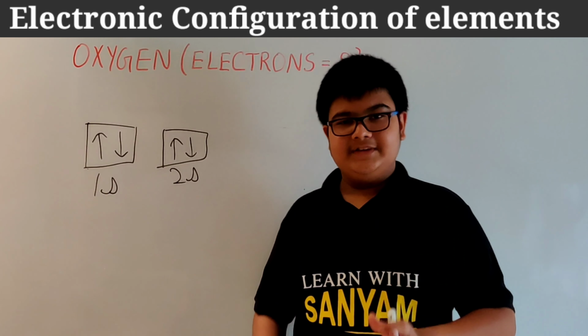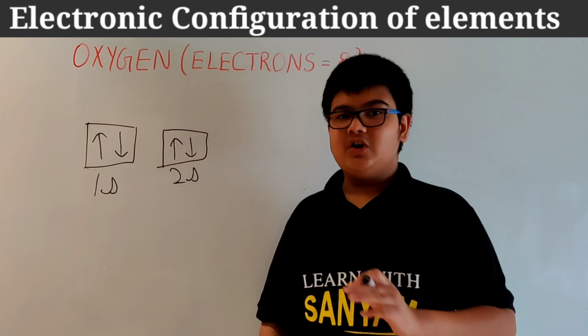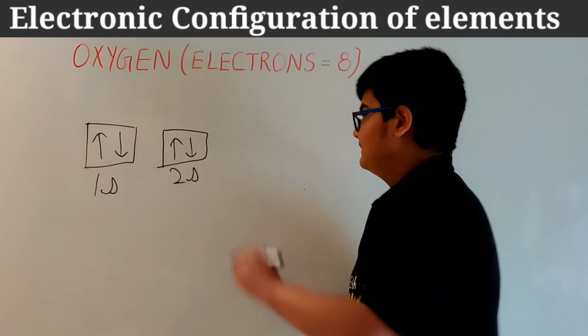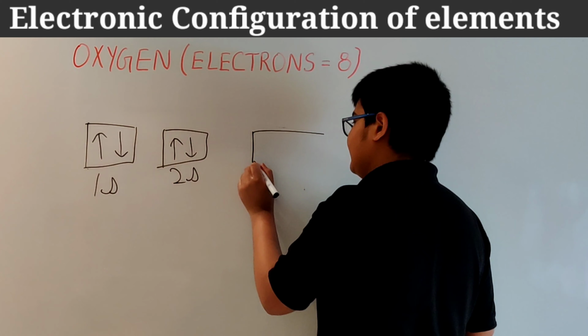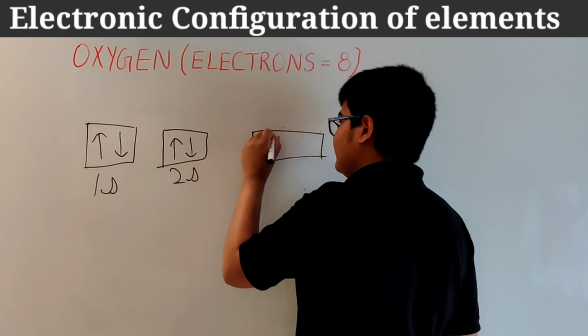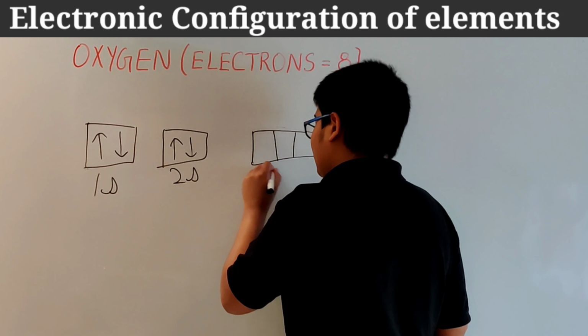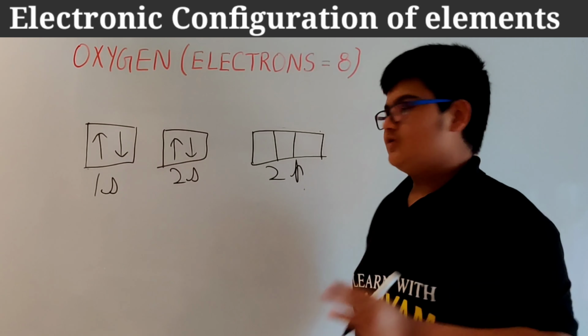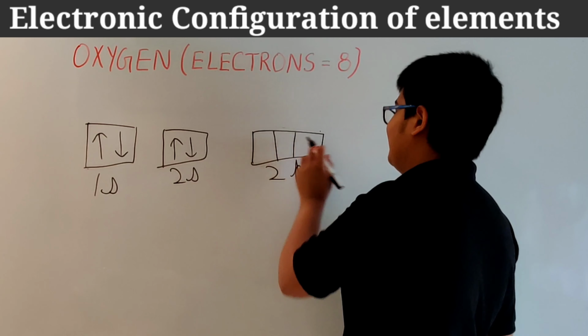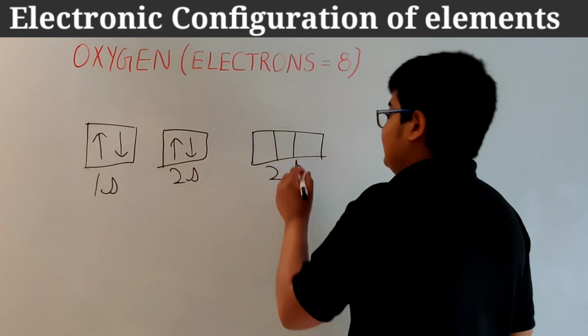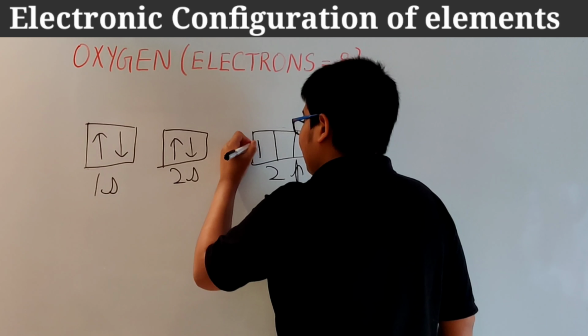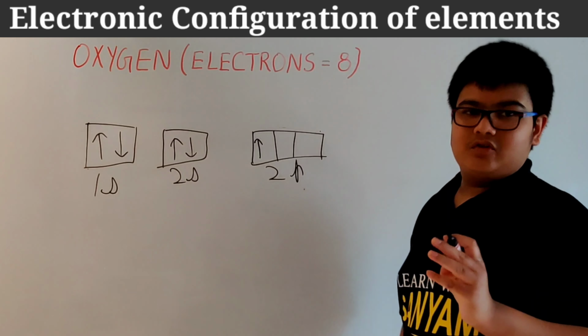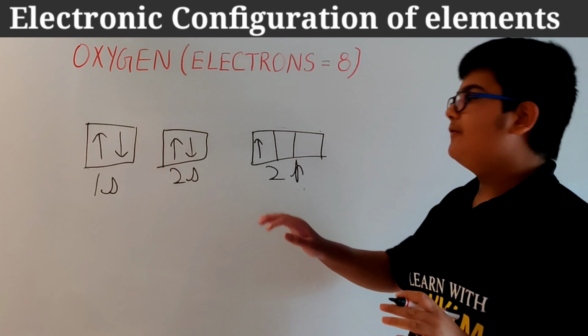And now which is the next orbital in the energy order? That is the 2p orbitals. Now in the 2p subshell there are 3 orbitals. So that's why we have drawn three 2p orbitals. Now, we are left with only 4 electrons.